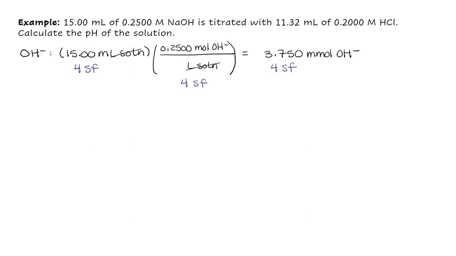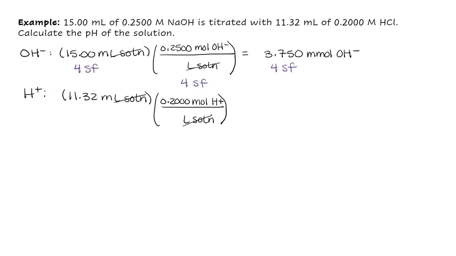Doing a similar calculation for our hydrogen ion, we have 11.32 milliliters times the HCl molarity, which is 0.2000 moles of H+ per liter of solution.